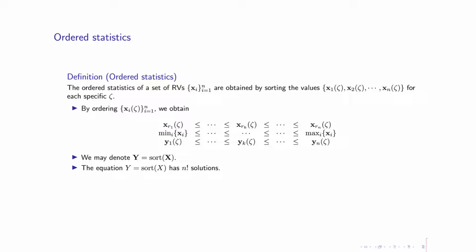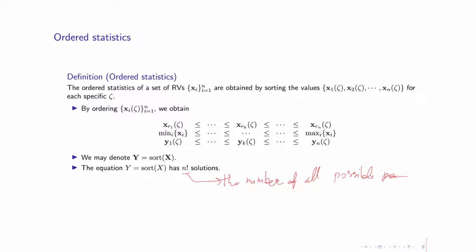So this equation, y equals sort of x, has n factorial solutions, because any possible permutation of the output can be one possible input. n factorial is the number of all possible permutations.